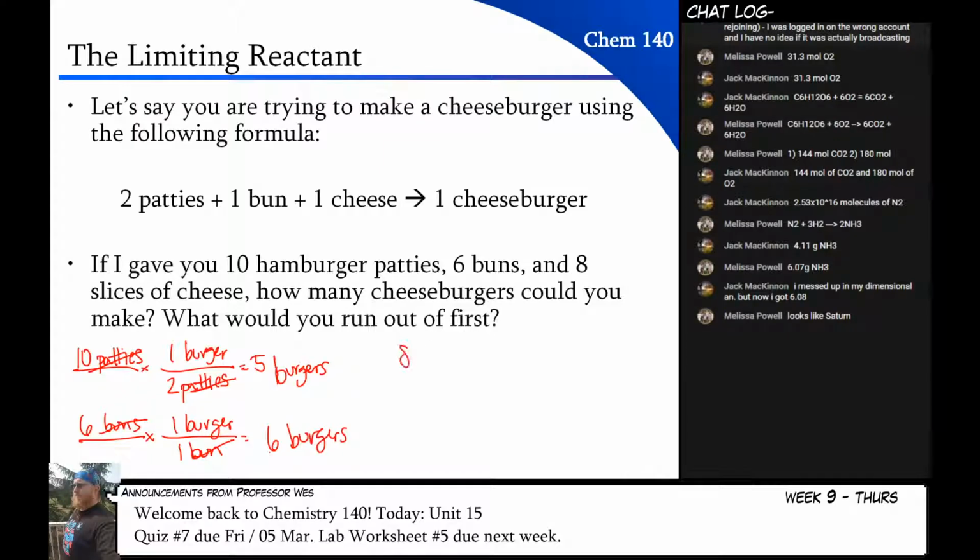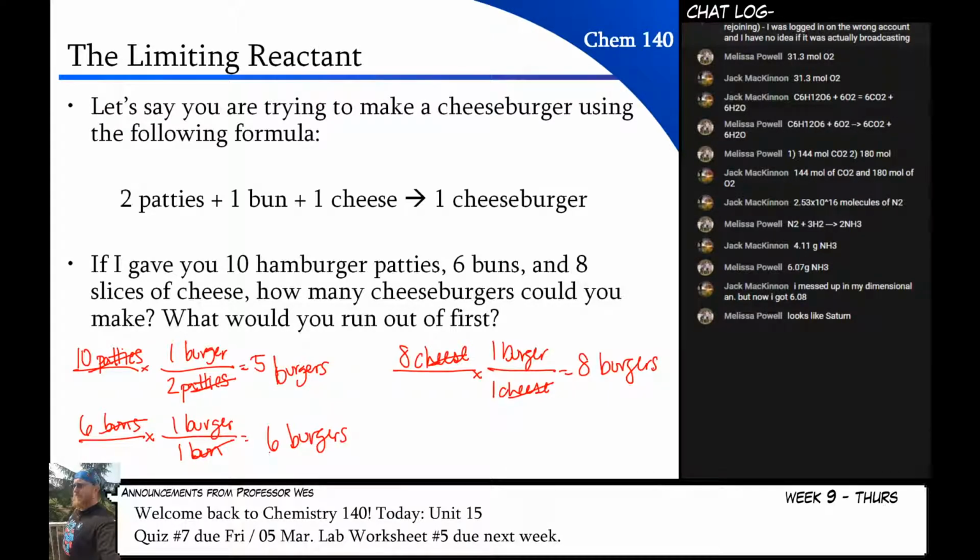And if I have cheese, I can make this many burgers. So this is the amount of product that I can make when I look at each substance on an individual basis.